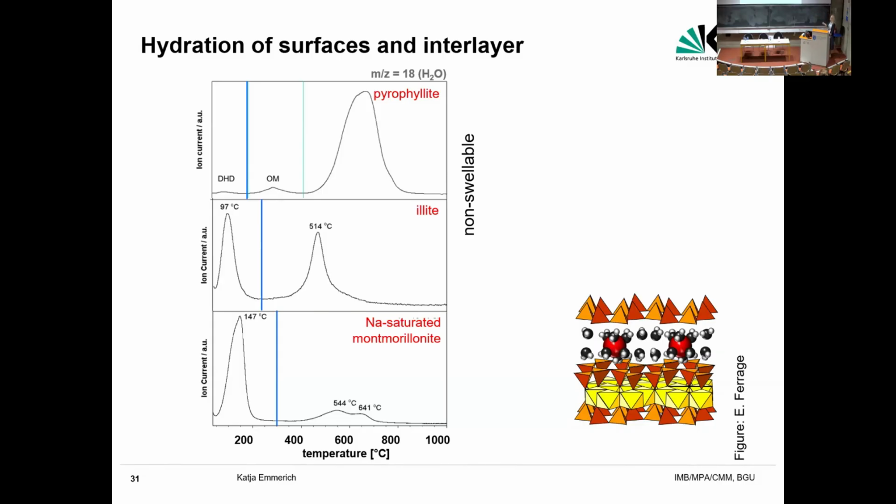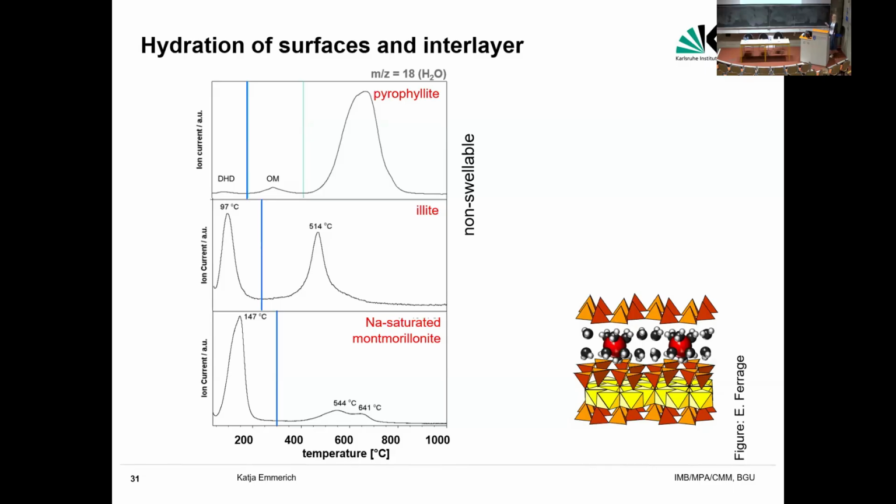First thing that you see, pyrophyllite is non-swellable. Particle size is around 2 micrometer or even slightly larger. You hardly see any dehydration because there's hardly any surface where water can adsorb. In the case of illite, it's also a non-swellable clay mineral, but here you see a relatively strong dehydration peak, and so we were wondering why we see a strong dehydration for this sample.